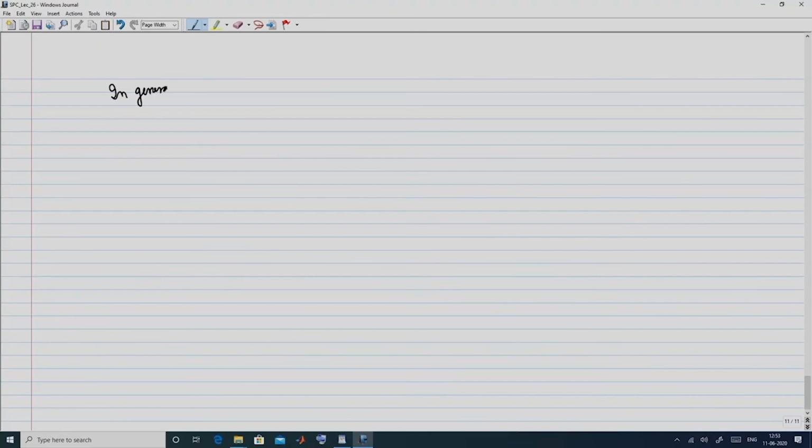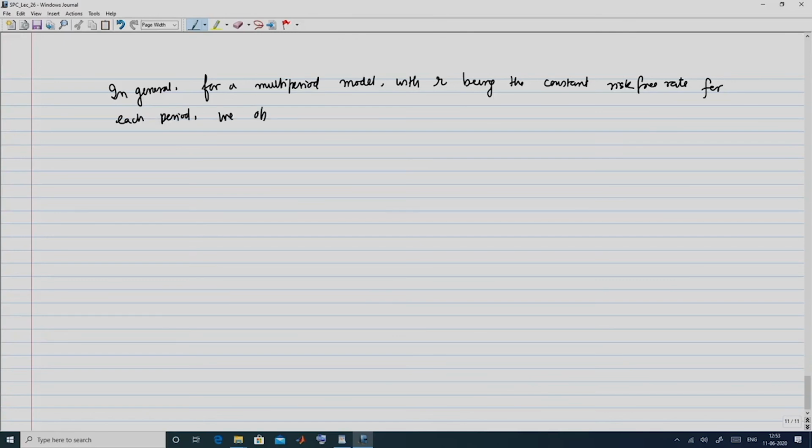So, in general, for a multi-period model, with R being the constant risk free rate for each period, we obtain that S of t divided by 1 plus R raised to t is E t star of S of capital T divided by 1 plus R raised to capital T, where I have introduced this subscript t.